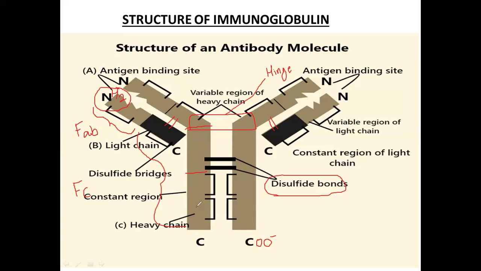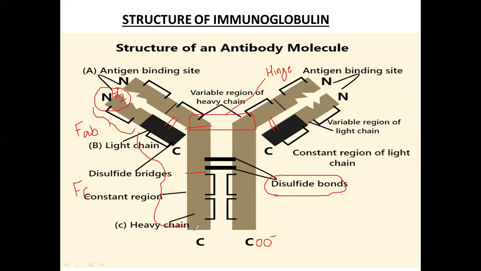So there are four domains. The domain near the NH2 terminal end we call the variable domain, I mean the heavy chain variable domain. Done. Next, the three near the COOH we call constant domains.